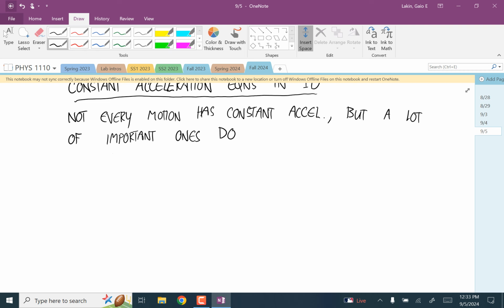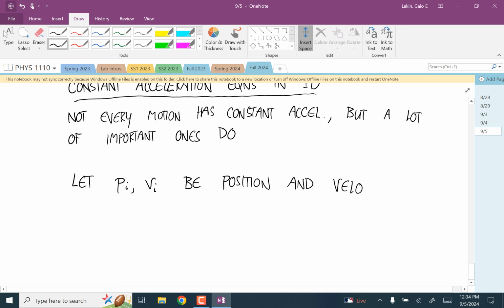And so to introduce these equations, I have to introduce a few different variable meanings. So here are the variables we're going to use. Let P sub I and V sub I be the position and velocity when time is equal to 0.